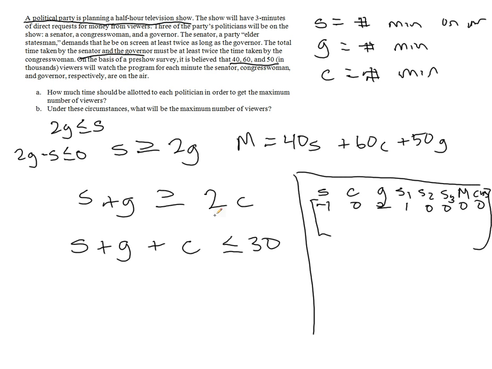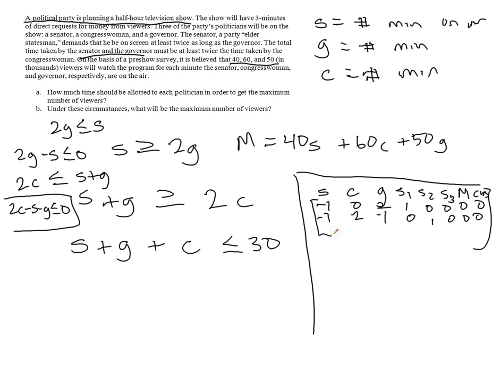And then the second one, again we want a less than or equal to, so 2c is less than or equal to s plus g, which means 2c minus s minus g is less than or equal to 0. So that's the constraint we'll use: 2c minus s minus g, slack variable, constant is 0.